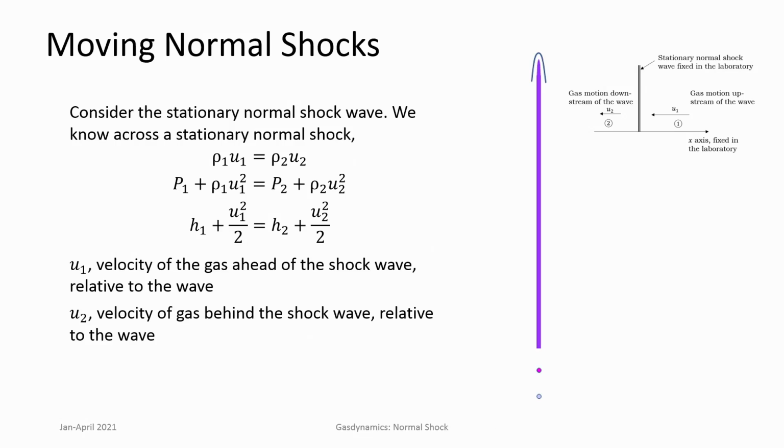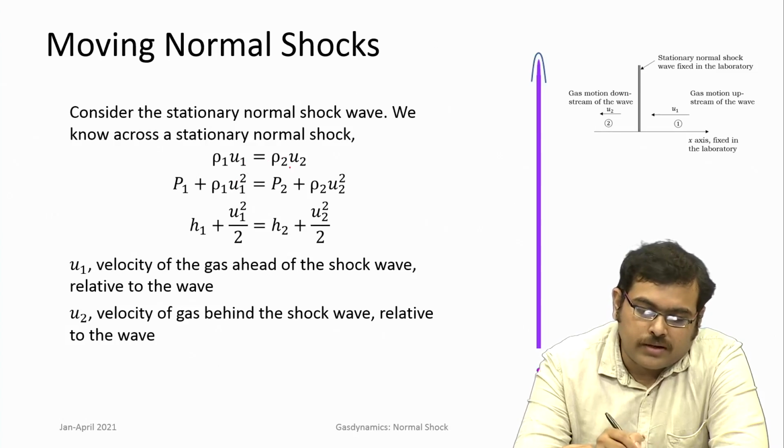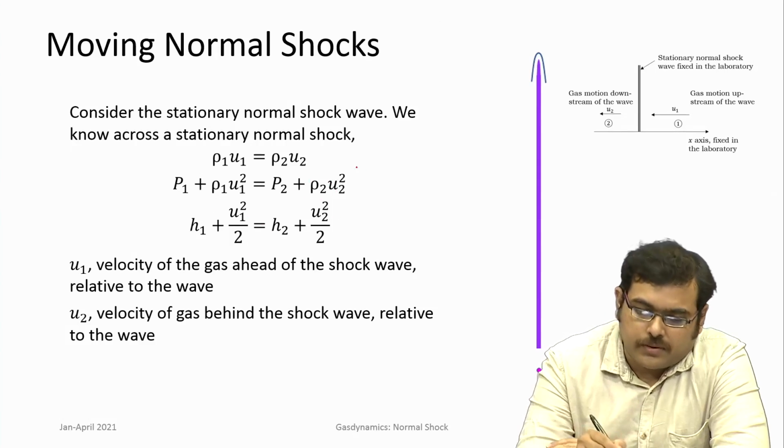So, now how do we apply the equations of shock? We have applied the transformation, now it is a stationary normal shock. So, one can apply the equations of conservation, it is a steady shock wave now. So, you can apply the same equations of conservation: rho 1 u 1 equal to rho 2 u 2, p 1 plus rho 1 u 1 square equal to p 2 plus rho 2 u 2 square, and h 1 plus u 1 square by 2 is equal to h 2 plus u 2 square by 2.